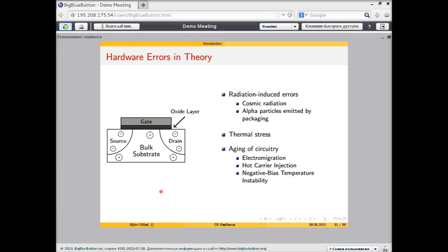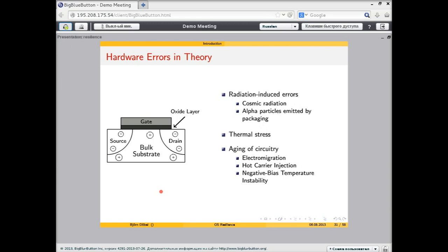Okay, so now there are a couple of things that can go wrong in such a transistor. And one source of errors that happen in transistors are radiation-induced errors, which may come from cosmic radiation, but they can also come from natural radiation, which stems, for instance, from the packaging of your processor, which is the part that contains the processor.